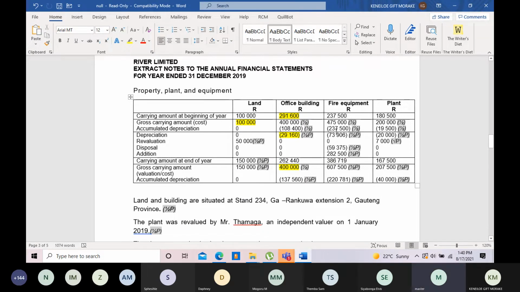Let me check this one. Divided by... wait there, I'm still solving this one. 237,500 multiplied by how much?